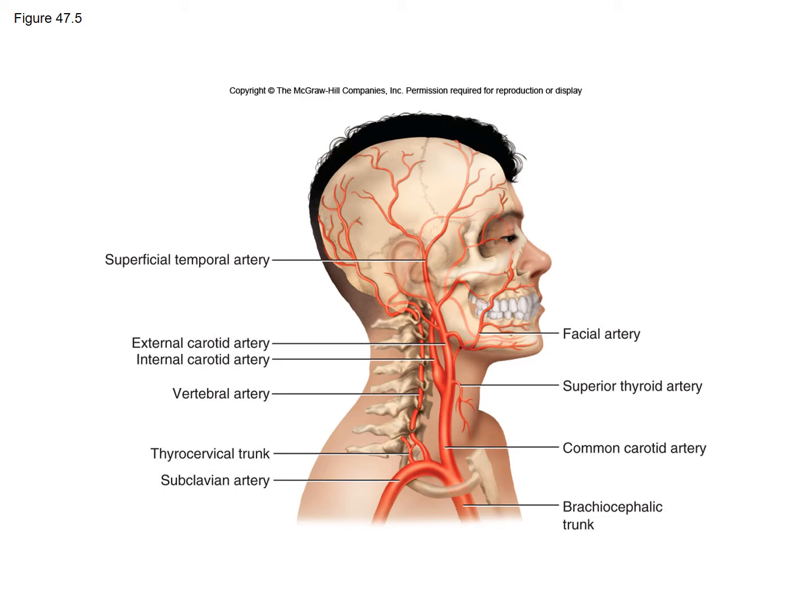This is a branch from the aorta. If you break down this word, brachio comes from brachium, the arm, and cephalic, the brain, so brachiocephalic goes up to the brain and goes to the arm as well.